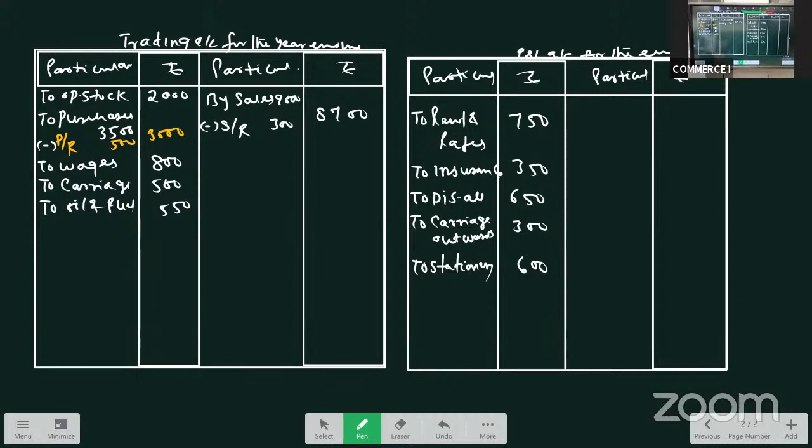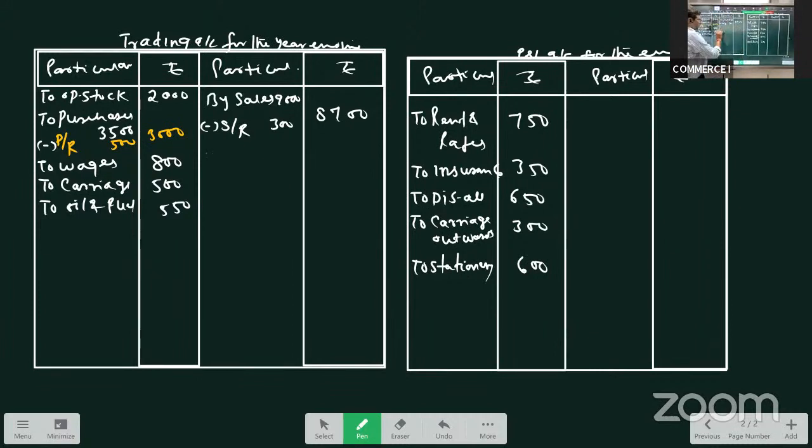Closing stock. Closing stock is always given below the trial balance. Closing stock is not taken in the trial balance. It is given below the trial balance because it is an adjustment entry. It will have two effects. It will be shown twice.